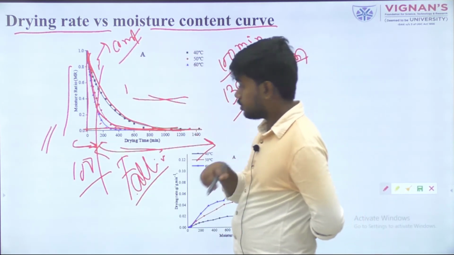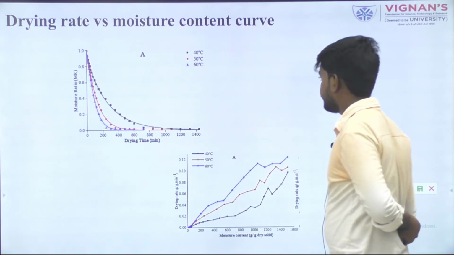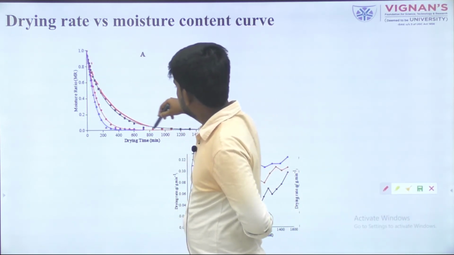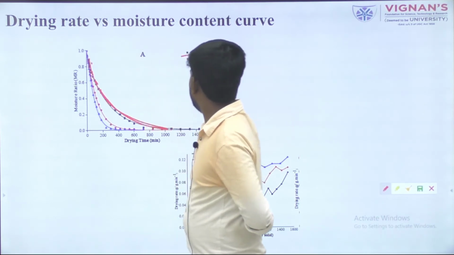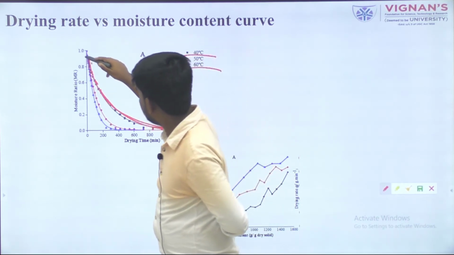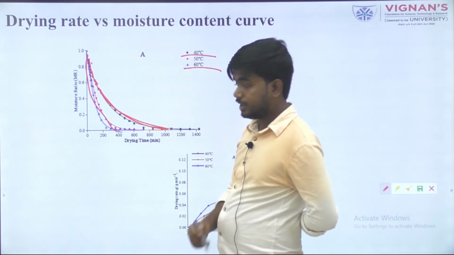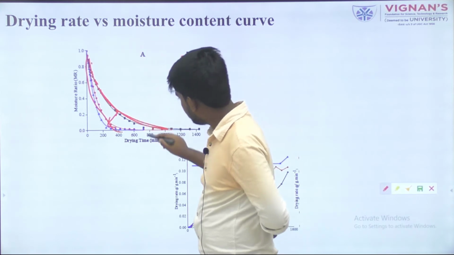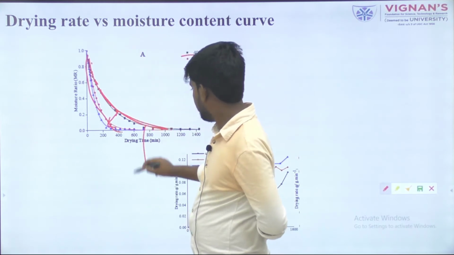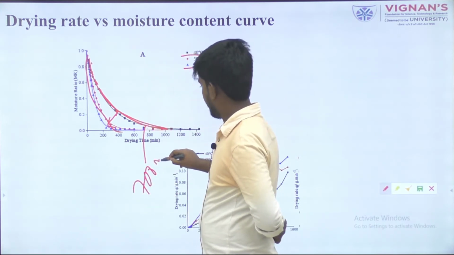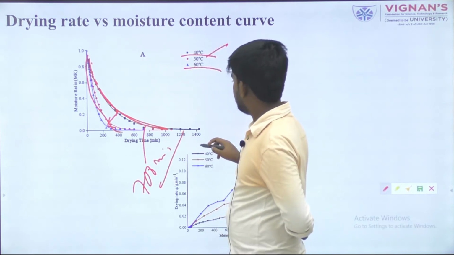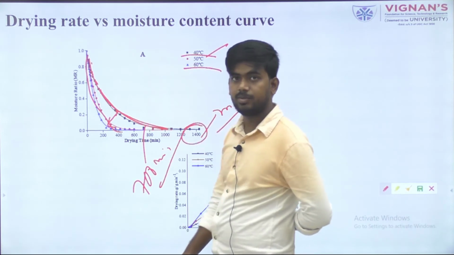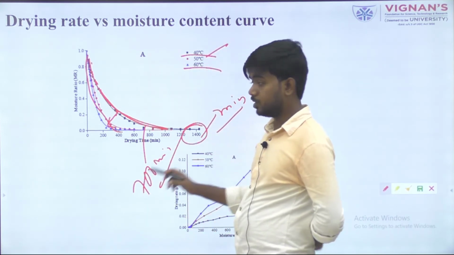Here you can also see that the black line is at 40 degrees Celsius and the blue line represents 60 degrees. There is a huge difference between these processes. Here the 60 degree process ends in somewhat 700 minutes, but the 40 degrees Celsius process ends in 1400 minutes, almost double.